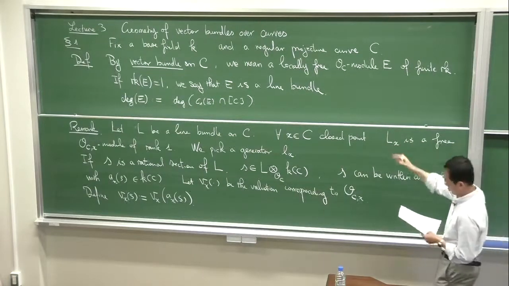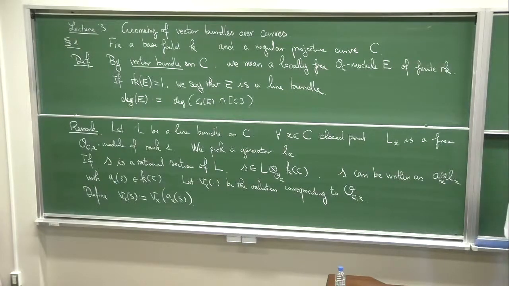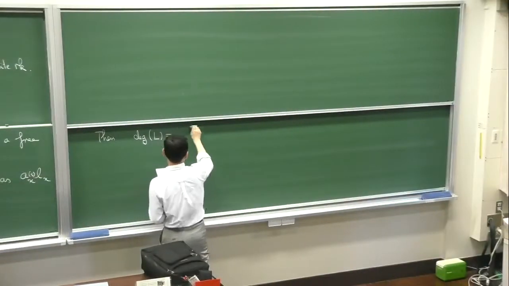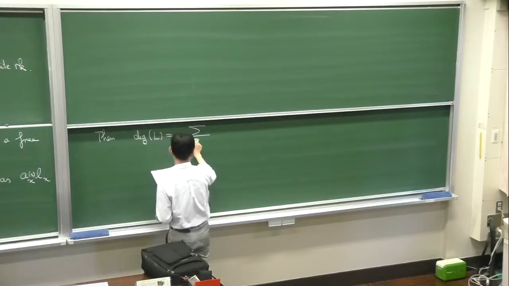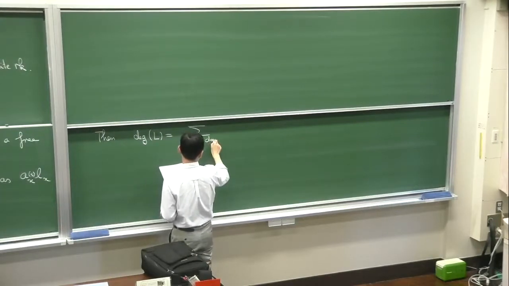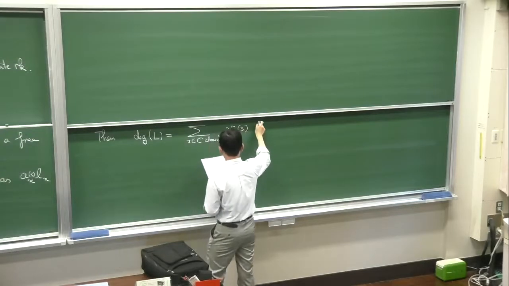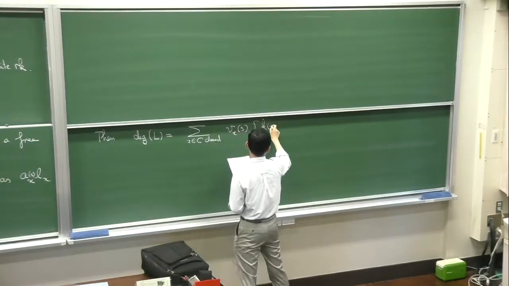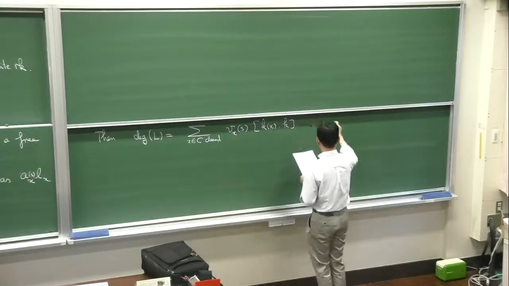Now, what is the relation with the definition above? The degree of L is just the sum over closed points x in C of v_x(s) times the degree of k(x) over k.